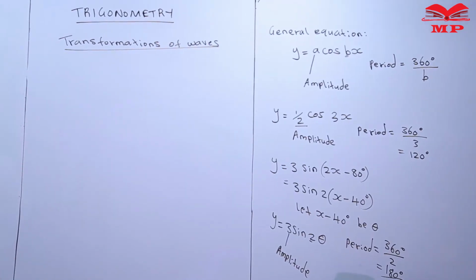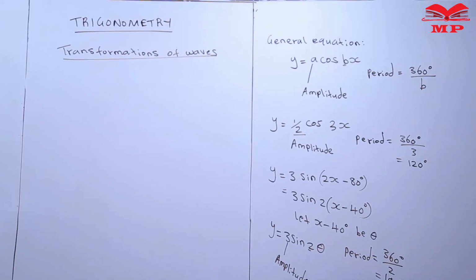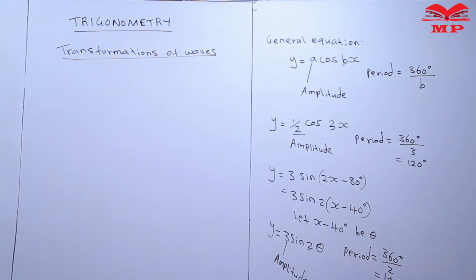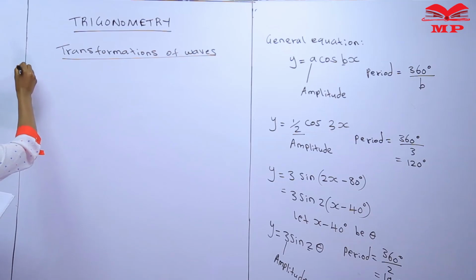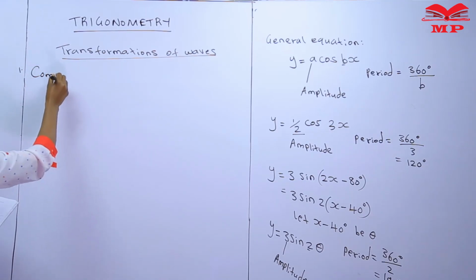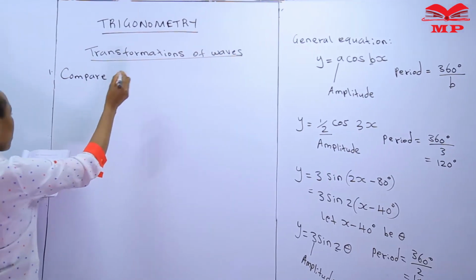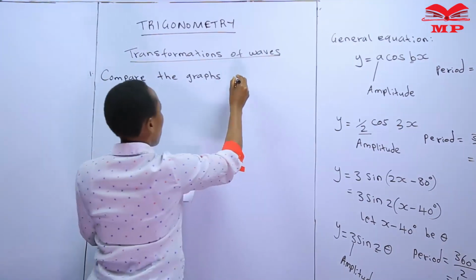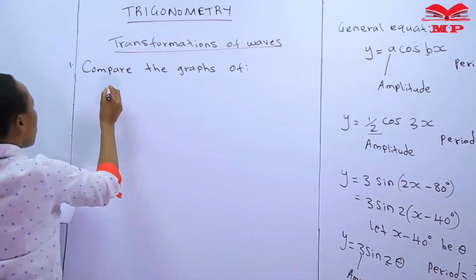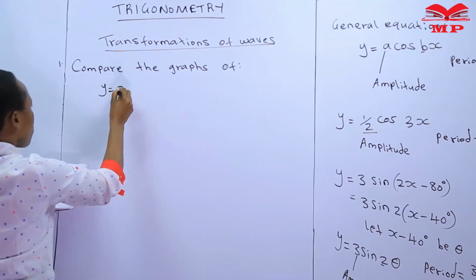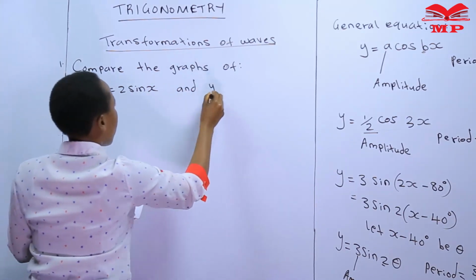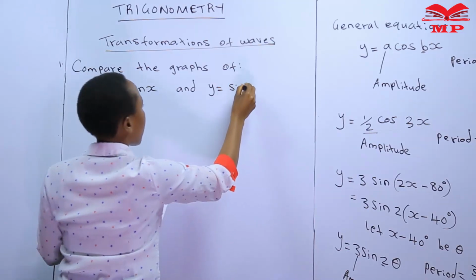And I would like to do various examples so that you can understand how waves are transformed, or how we describe the transformation. So number one, I want us to compare the graphs of y is equal to 2 sine x and y is equal to sine x.